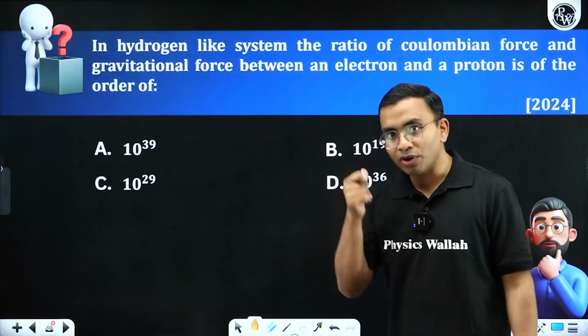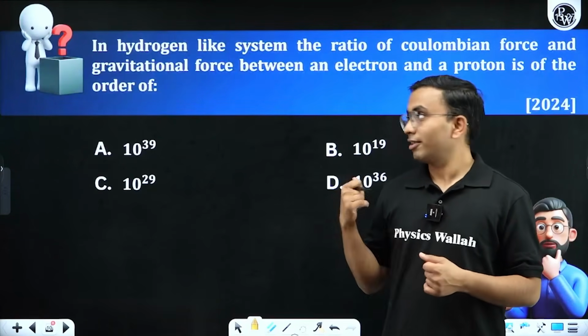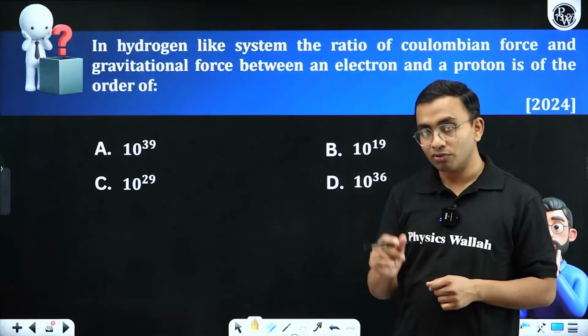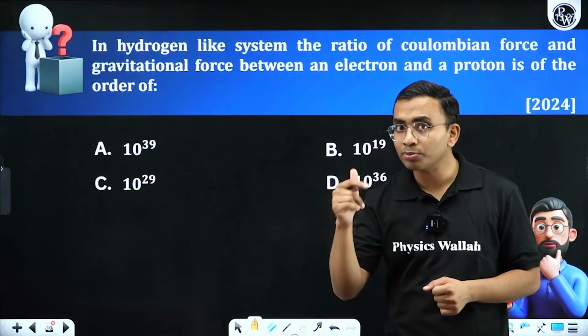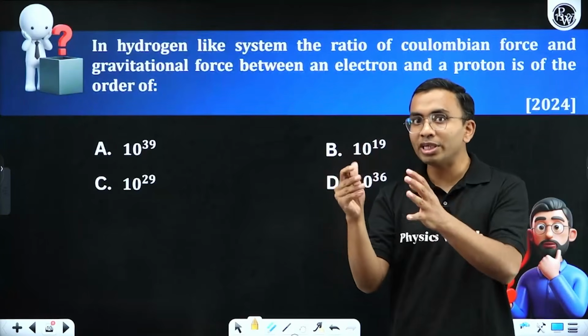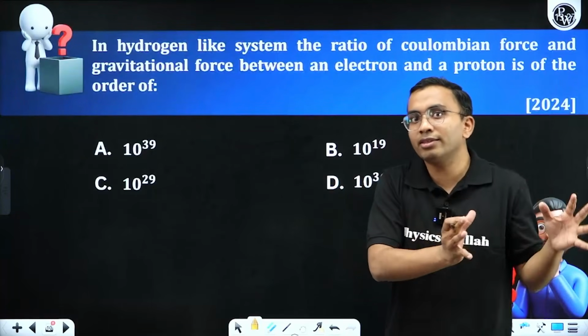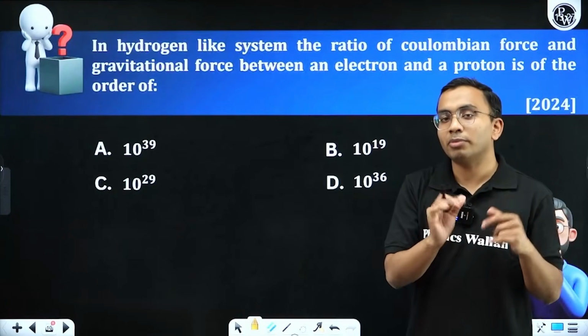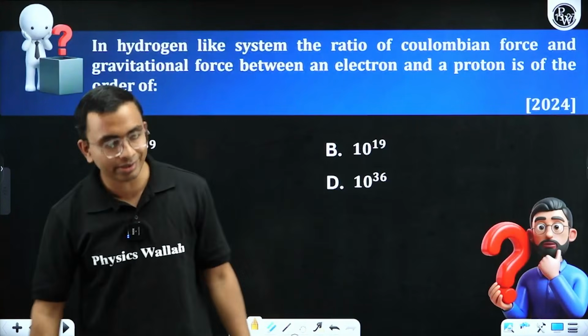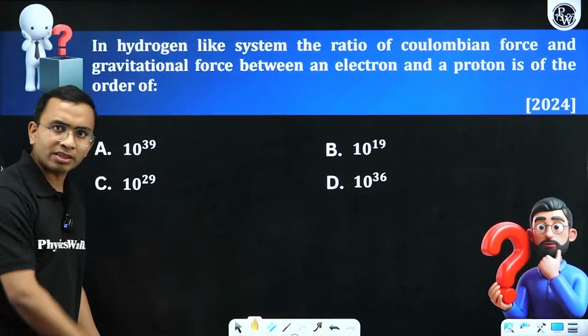But for the Coulombian force, the formula is K q1 q2 by r square. What is the value of K? 9 into 10 to the power 9, isn't it? So which one is greater? Here the constant is 10 to the power 9, there it is 10 to the power minus 11. So actually the electrostatic force, the Coulombian force, is greater. Now let us find the magnitude.